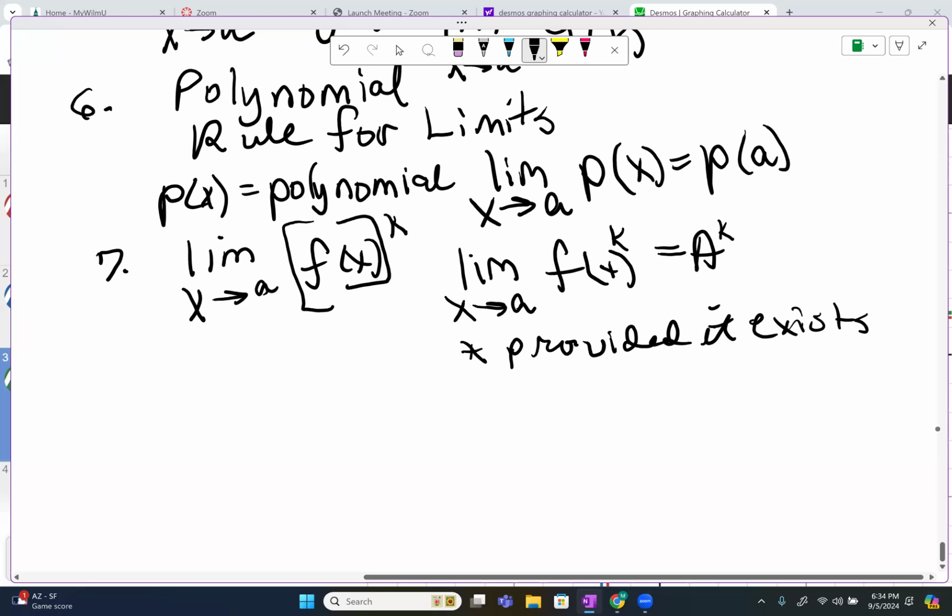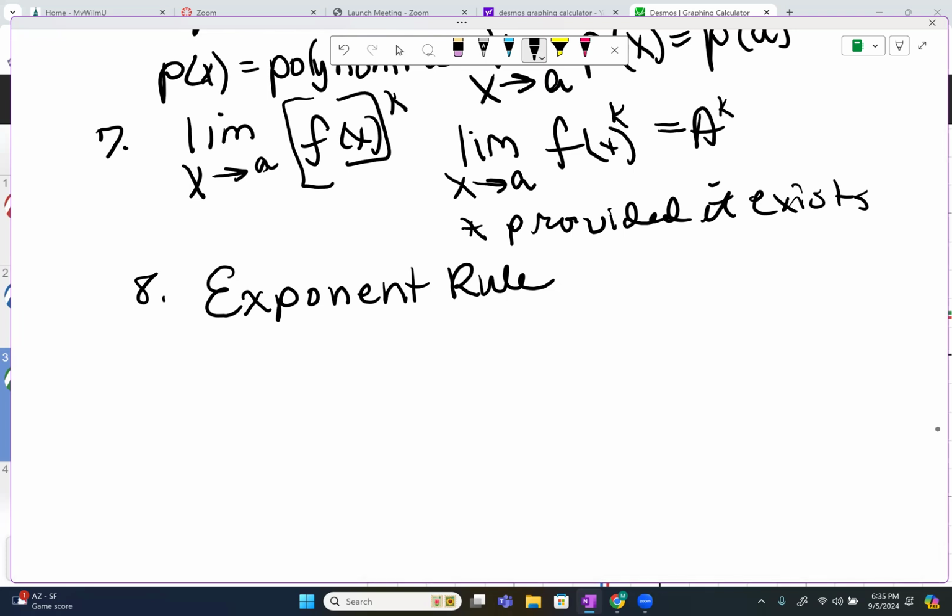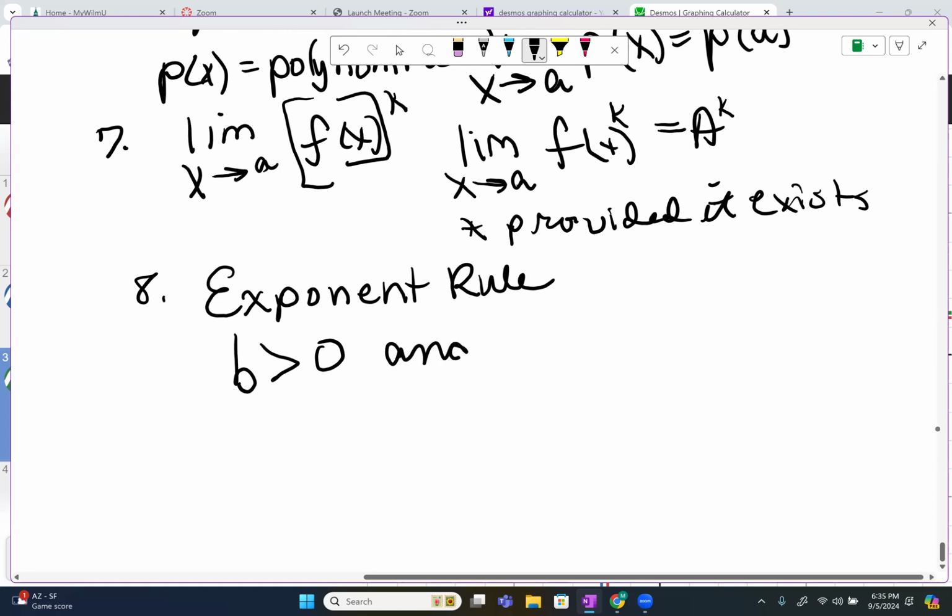Okay, now the exponent rule and the logarithmic rule are the next two. So number 8, the exponent rule for limits. You're going to say where b is a real number and it's greater than 0. So this is also a real number.